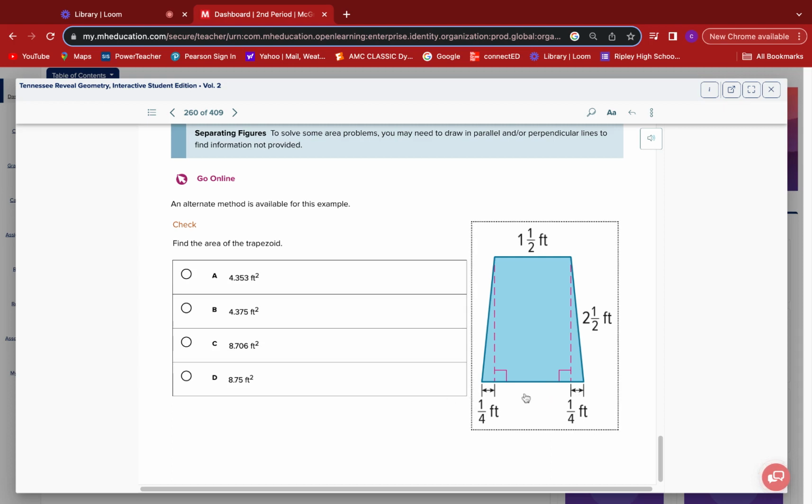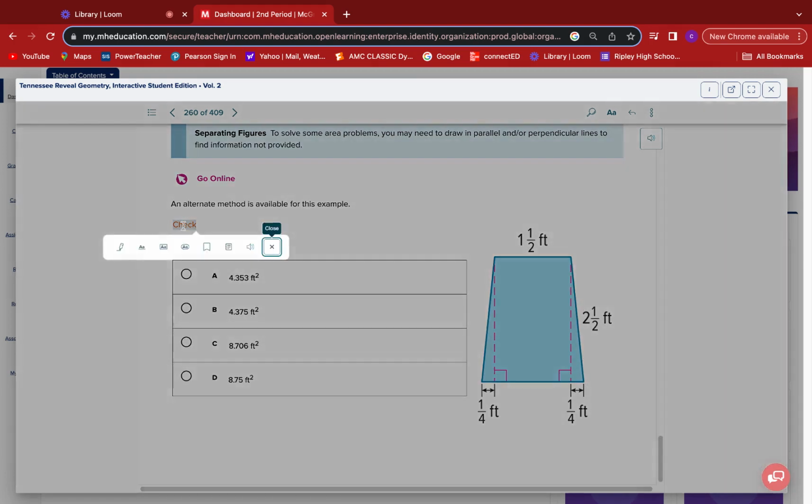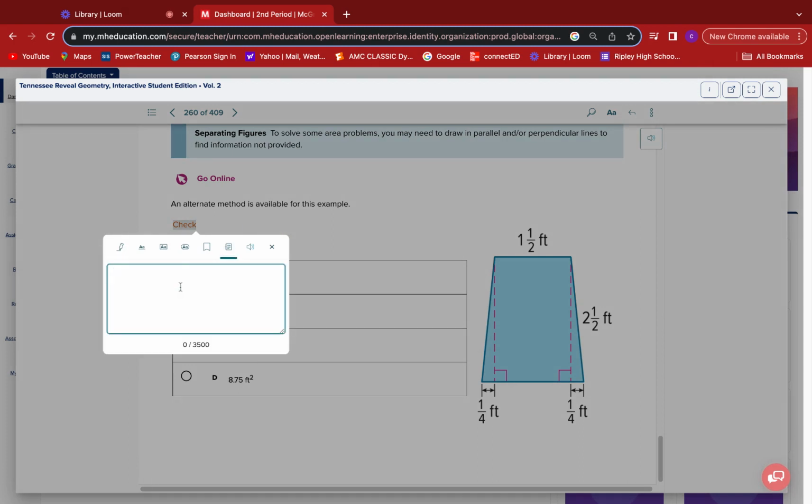All right, so my base is 2, but I still do not have the height. So I'm going to have to do the Pythagorean theorem with the 1/4 as either my A or my B. The height is what I need for the other one, and it doesn't really matter which one's which because the C, the hypotenuse, is the 2 1/2. All right, for my visual people, if you are sitting there going, say what?